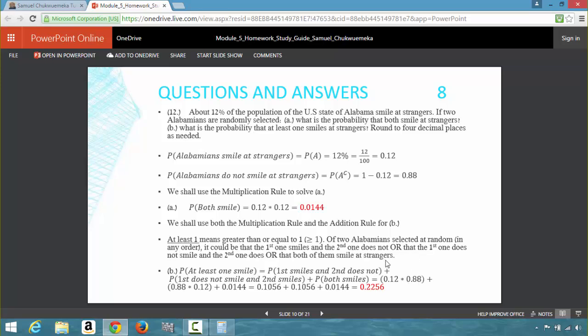Or is the plus. First does not, which is 0.88, times second does, 0.12. Or is plus. Both of them smile. We already have that here, 0.0144. And if you add it up, it gives you 0.2256. Comprenez-vous?